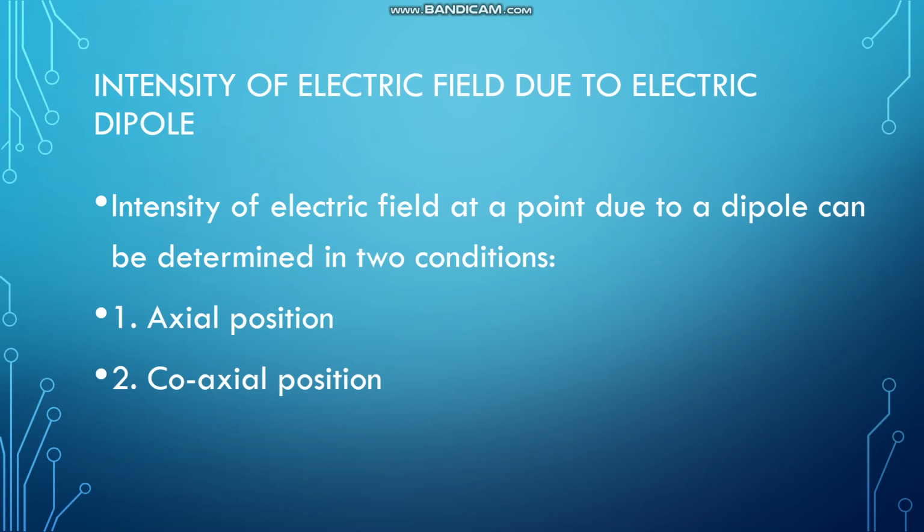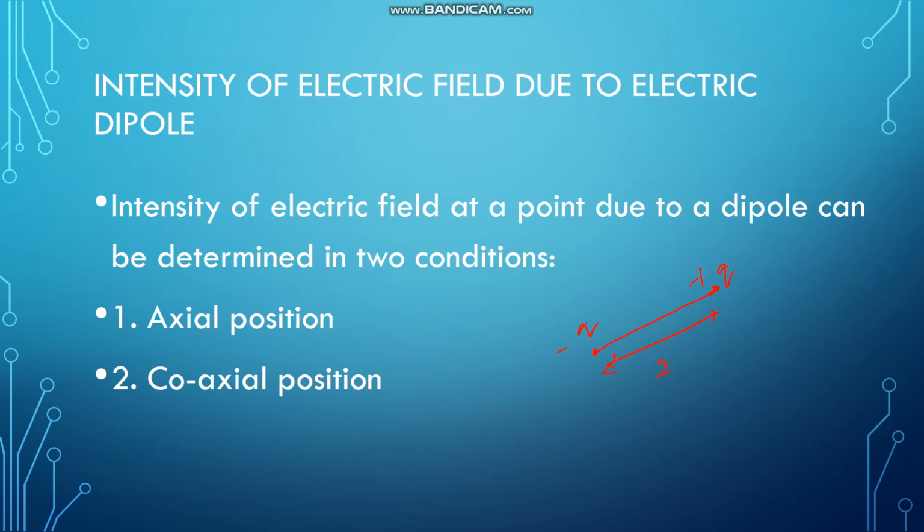As we know, the electric field produced by an electric dipole is called the dipole field. Here it should be noted that the net charge of an electric dipole is zero, but the intensity of electric field due to a dipole may not be zero. It is because there is some distance between the charges minus q and plus q.